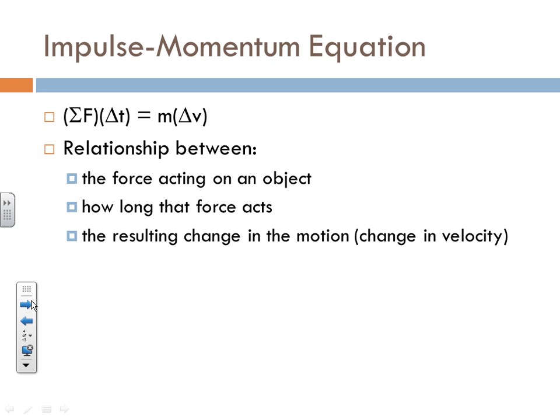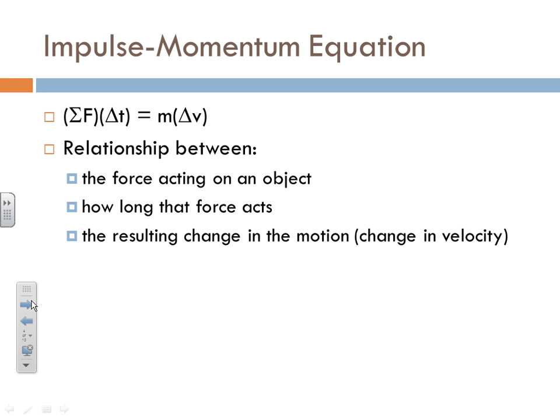It relates the force acting on the object. I guess I probably should throw in another word in there. It's not just the force acting on the object, it's the net force, right? Because if all the force is balanced, nothing happens anyway. So the impulse momentum equation takes into account the force that's acting on the object and how long that force acts.